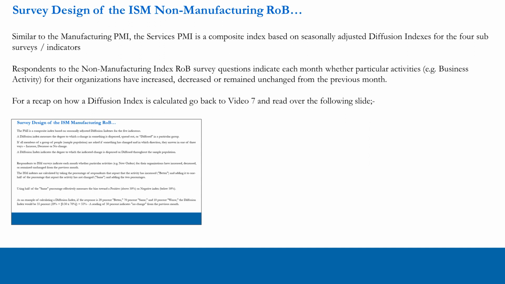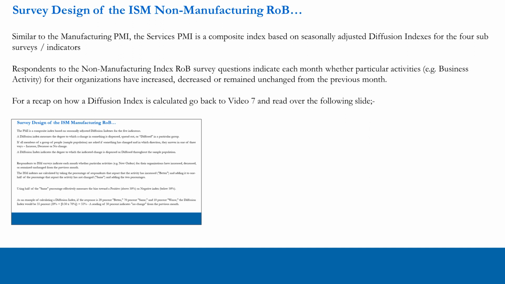They do this for the 4 sub-surveys or indicators that have the equal weighting and then calculate the composite number. So the respondents are indicating, in the same way that the manufacturing index respondents do, whether particular activities, for example business activity or new orders for their organizations, have increased, decreased, or remained unchanged from the previous month.